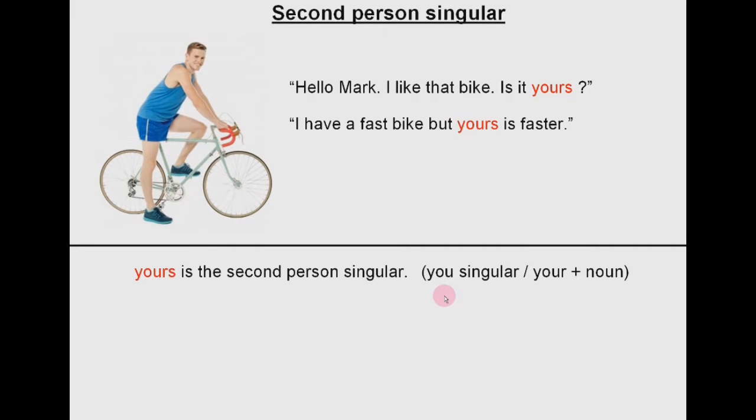That refers to you when it is the personal pronoun, and your plus noun when it is the possessive adjective. So it has an S on the end, but remember, we always use the same possessive pronoun for a singular noun and a plural noun.